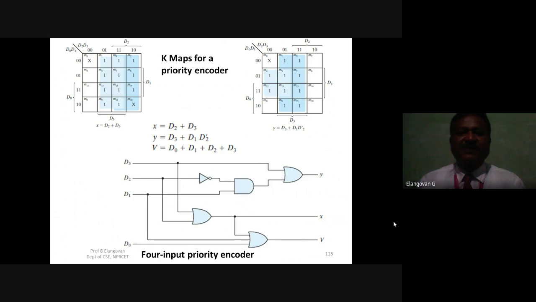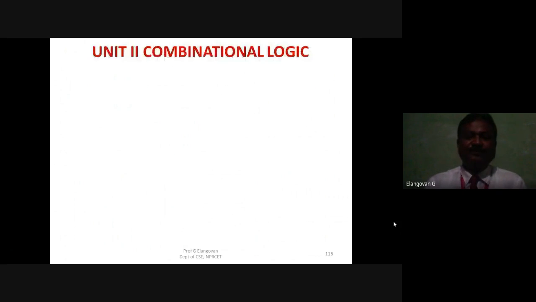We get the X and Y expressions from the K-map, and V directly. So this is the priority encoder: out of the 4 inputs, when D3 comes, irrespective of D2, D1, D0, it is activated.